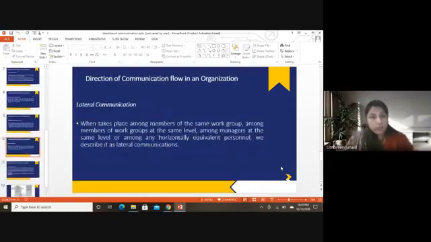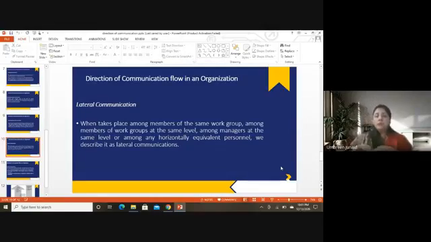So, coming to lateral communication, when it takes place among members of the same work group, among members of work groups at the same level, among managers at the same level, or among any horizontally equivalent personnel, we describe it as lateral communication.